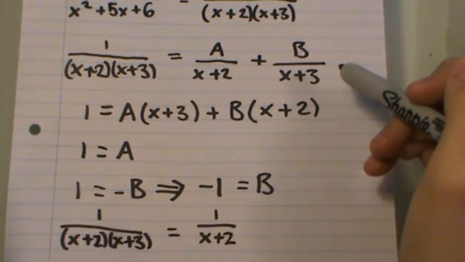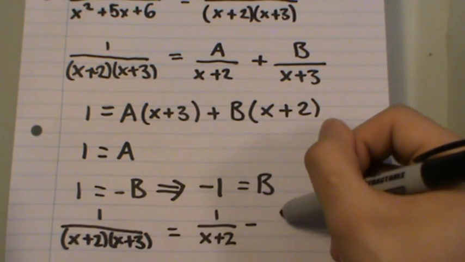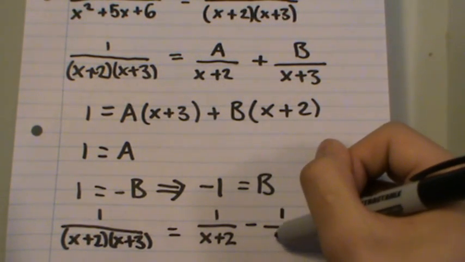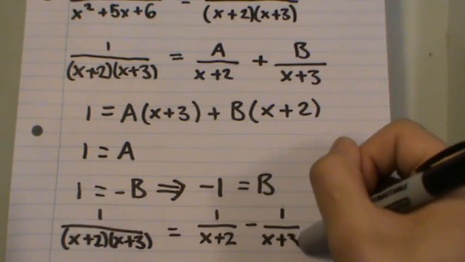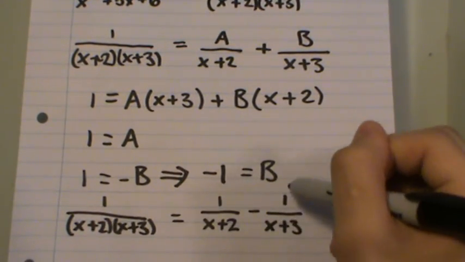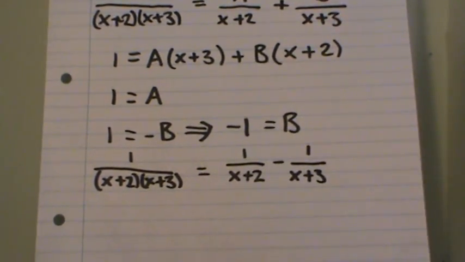And finally we can write what B is, which is minus 1 over (x + 3). Notice how I wrote the minus there because it's just on the top. Okay, so there we go.